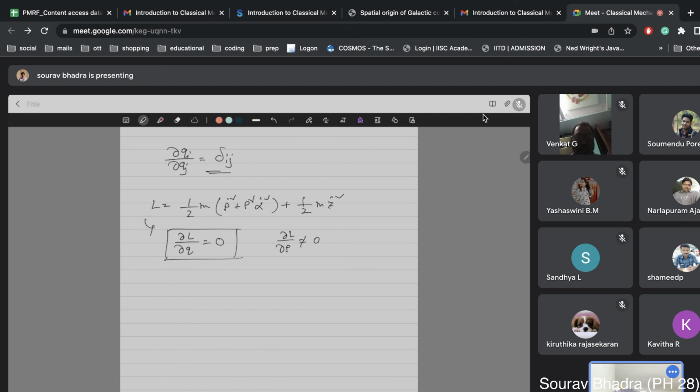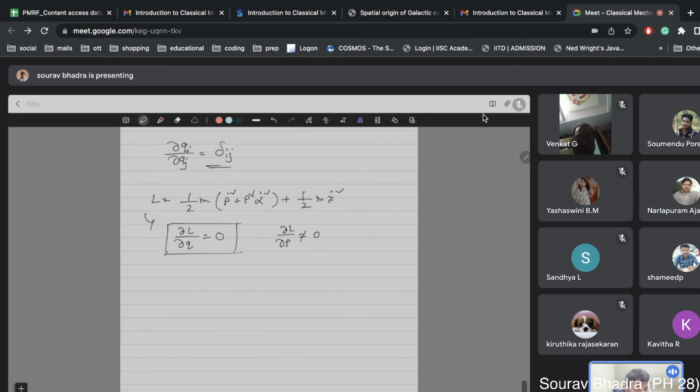So delta L delta rho is not equal to 0, because rho dependency is here, but delta L delta alpha is equal to 0, because in this whole expression there is no alpha term, only the alpha dot term is there. That's why delta L delta alpha is 0. So that means your alpha is cyclic but rho is non-cyclic.